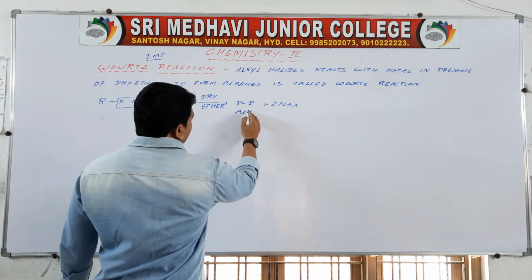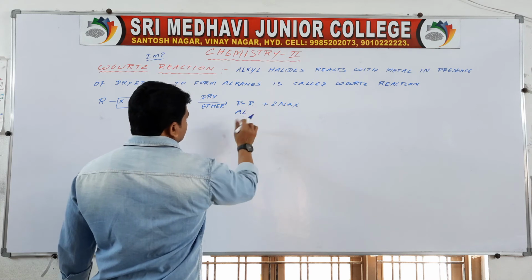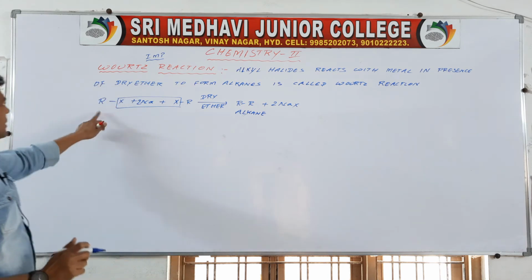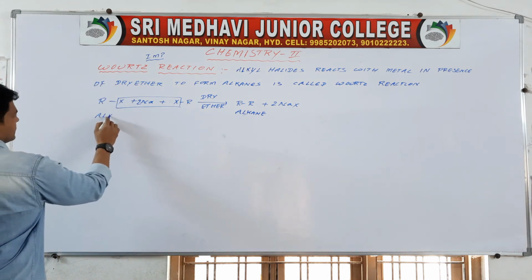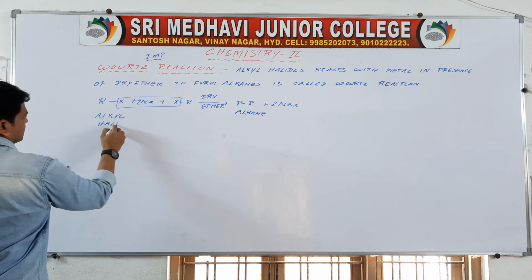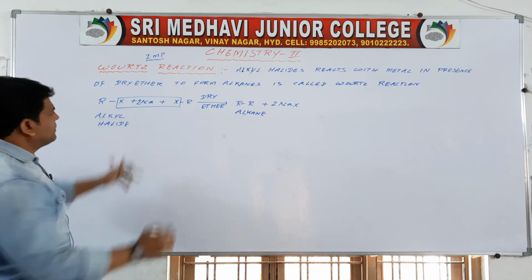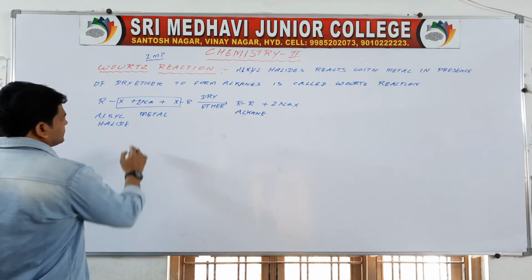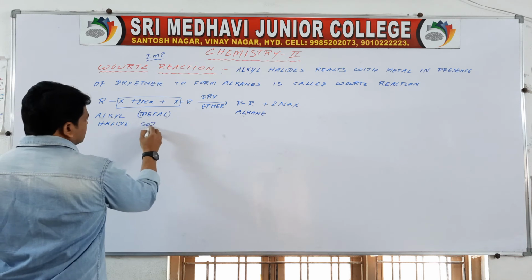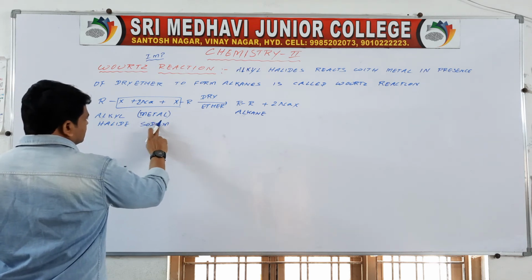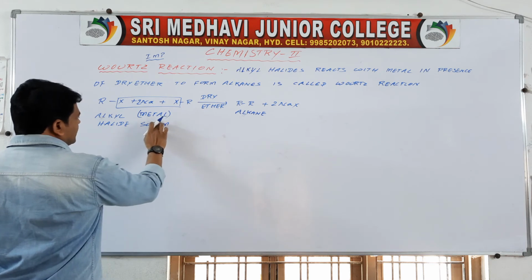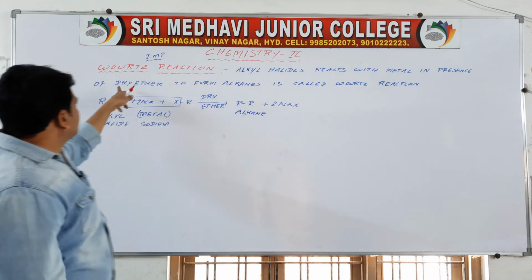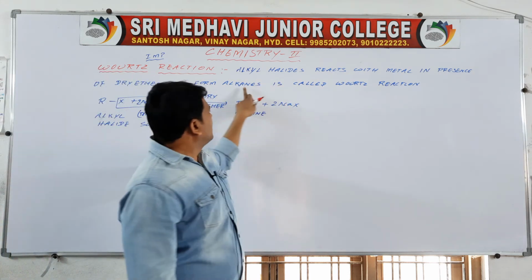It is the alkyl halide, and the metal is sodium. So alkyl halides react with the metal in the presence of dry ether to form alkanes.